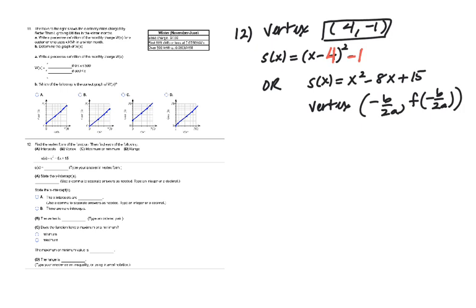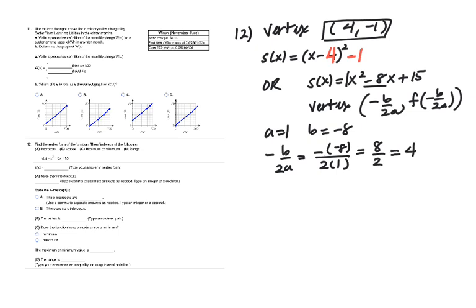Here I know a is equal to 1, b is equal to negative 8. So I'll first find negative b over 2a. Negative b is negative 8, so I'll plug in negative negative 8 over 2 times 1. So the opposite of negative 8 is a positive 8 over 2 times 1 is 2. And so our x coordinate is 4.